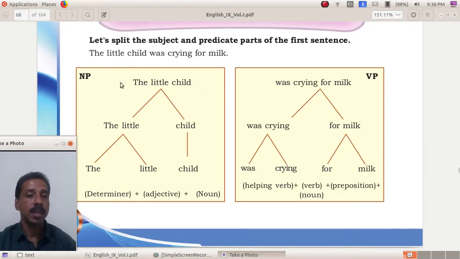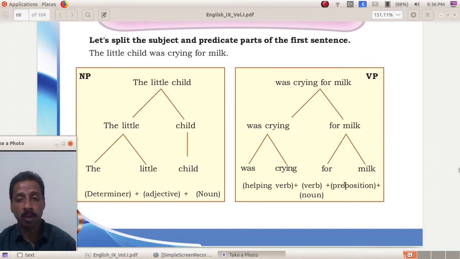An article is a determiner. Little is an adjective. Child is a noun. All the three words together form the noun phrase here. And while we consider the verb phrase, was crying for milk, if you analyze the words, you can see that was is an auxiliary verb, it's a helping verb. Crying is the main verb. For milk.